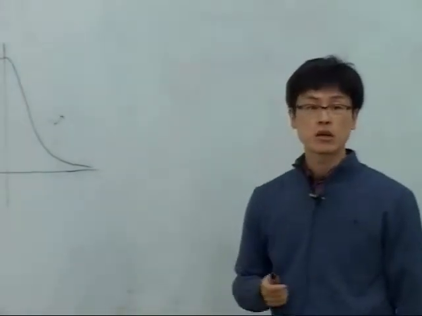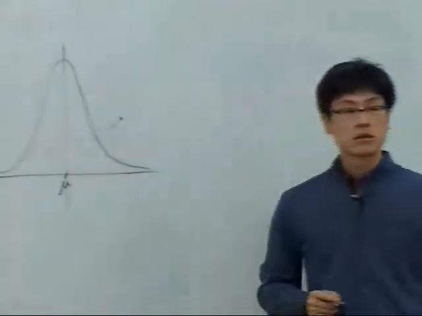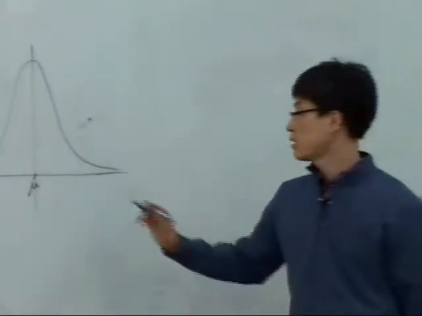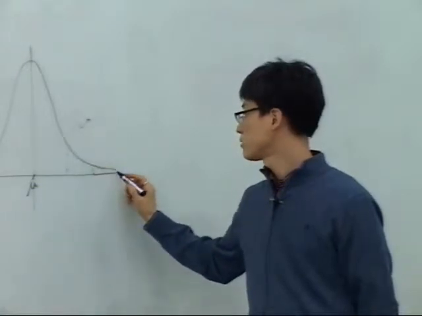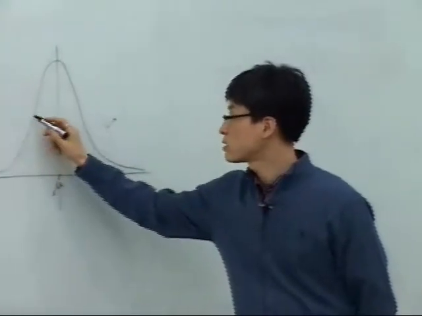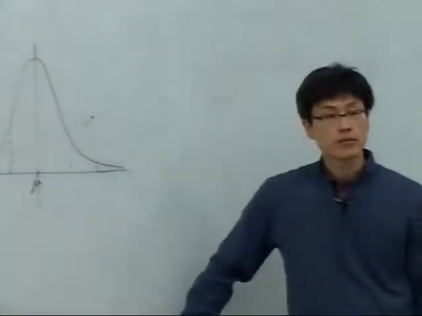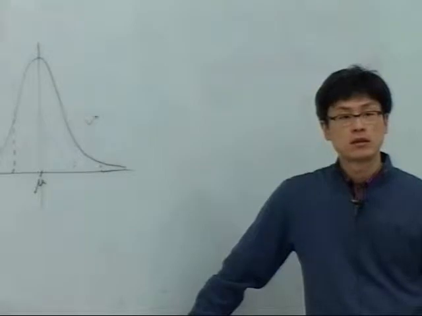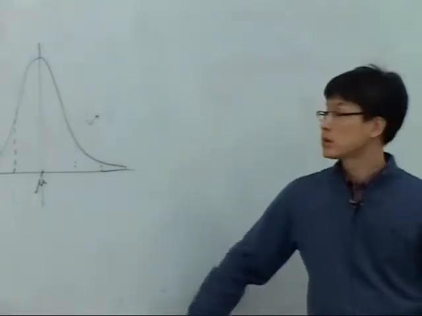Okay, what's the meaning of this? This is the mean, and 1 sigma, 2 sigma, 3 sigma, and vice versa here. This is the probability.